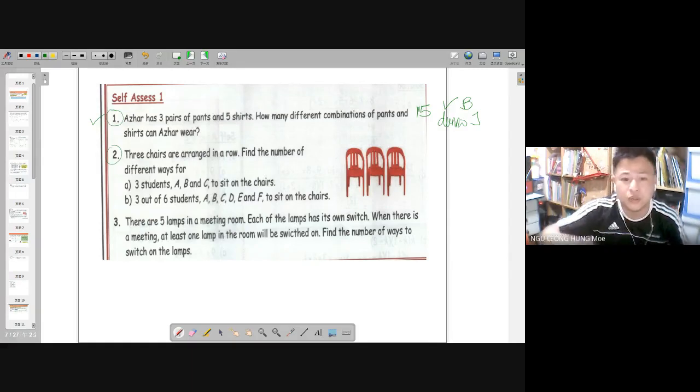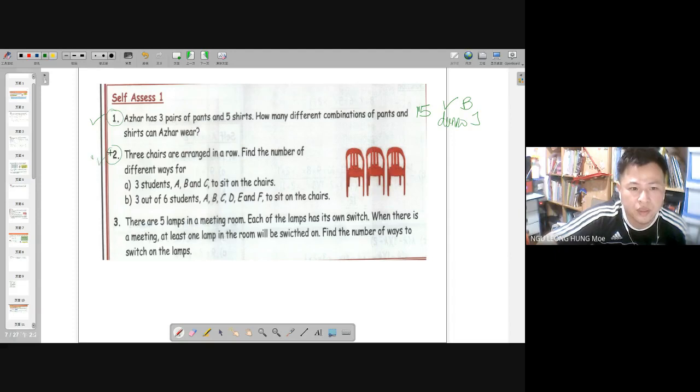Okay, very good. Okay, try out the second one.